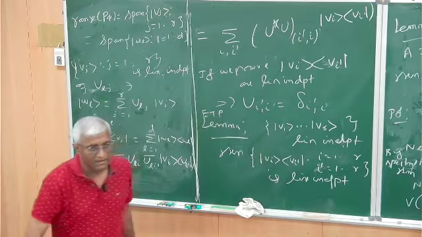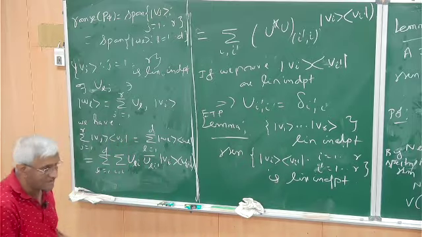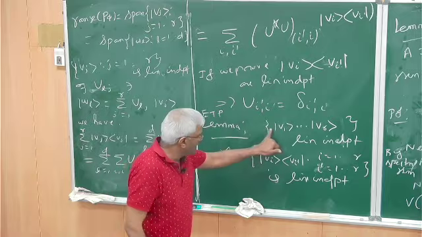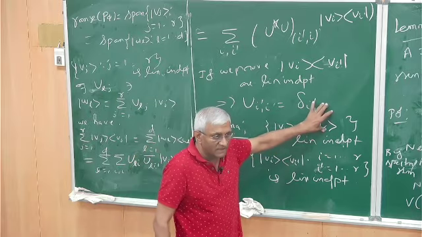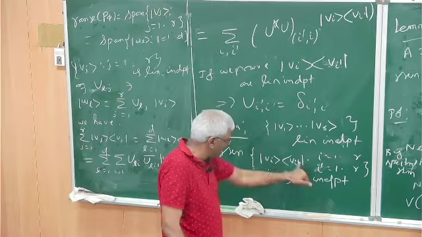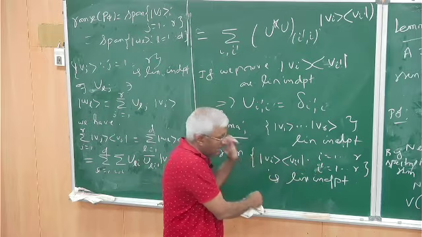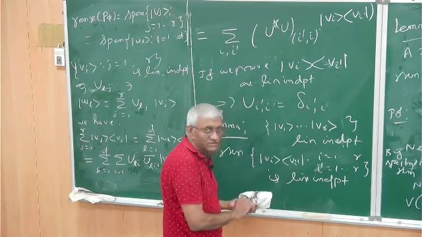Is that clear? I don't think it's very directly clear. We have to prove it. If V1 up to Vn are linearly independent elements, then you take the rank 1 matrices given by arbitrary, taking each one of them, Vi prime. So those rank 1 projection matrices are also linearly independent. That's what we want to prove.